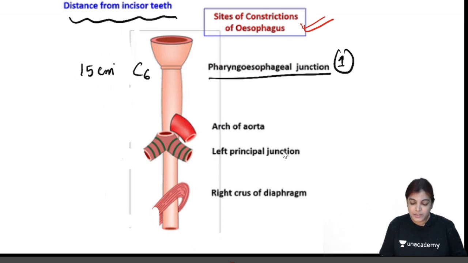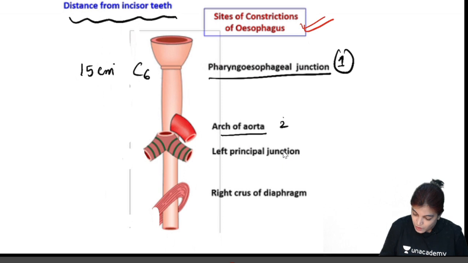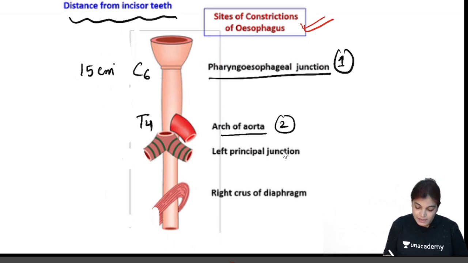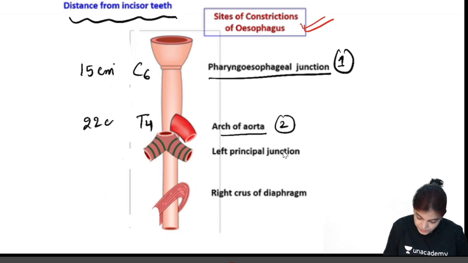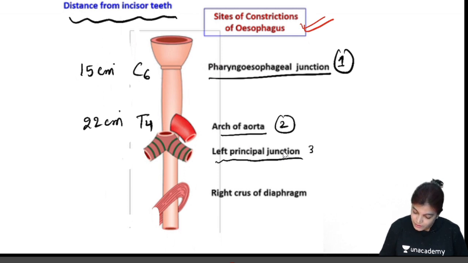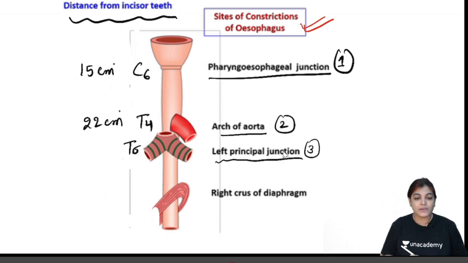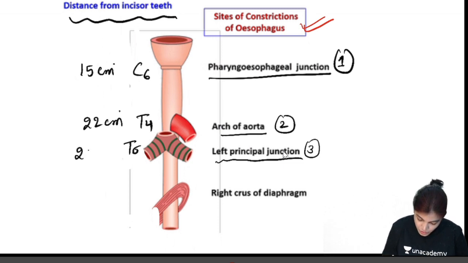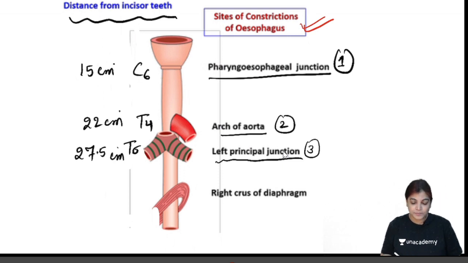The second constriction is at the level of the arch of aorta. The thoracic vertebra level is T4 and the distance is 22 centimeters from the incisor teeth. The third is the left principal bronchus crossing, at the level of T6 vertebra, corresponding to 27.5 centimeters from the incisor teeth.